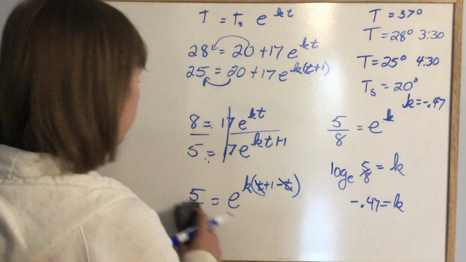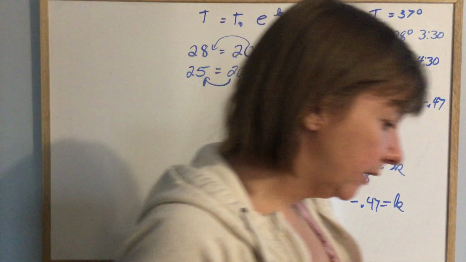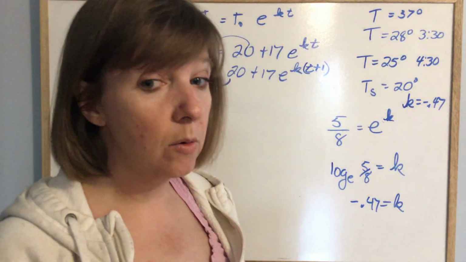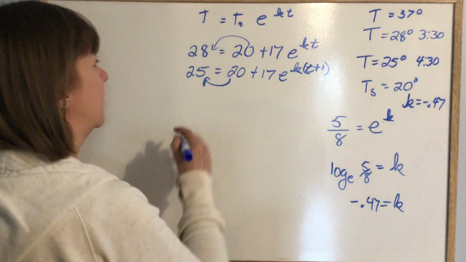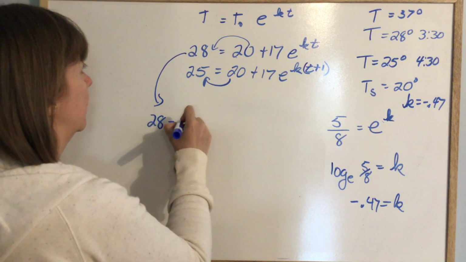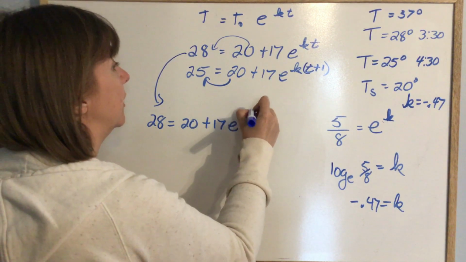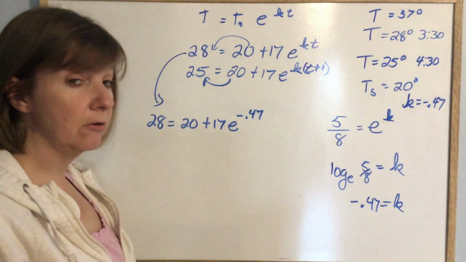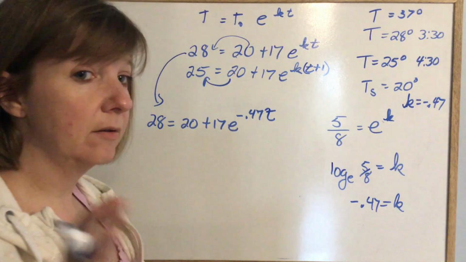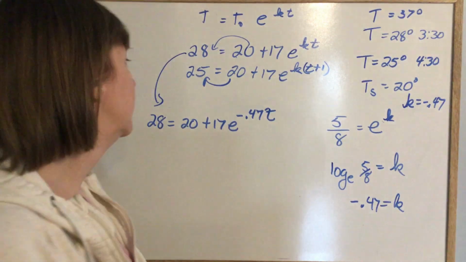So we're actually going to go back to here, and now we know what k is. So I'm going to substitute in here. I got 28 is equal to 20 plus 17 e to the negative 0.47, because I now know what k is, to the t. And if you're not sure why I'm doing that, just a second and I'll explain, all right?